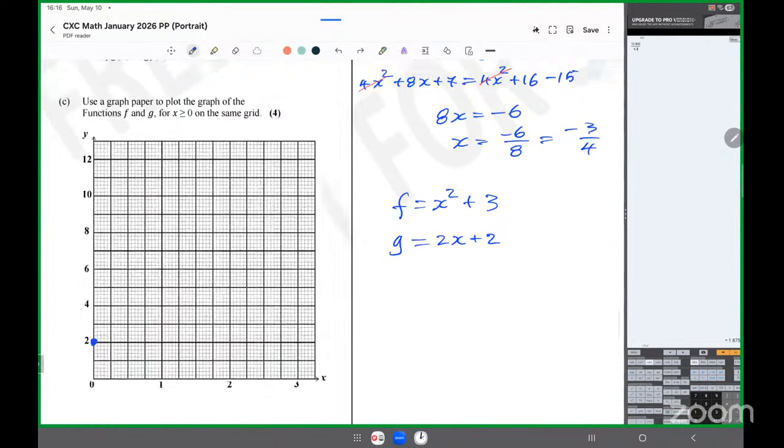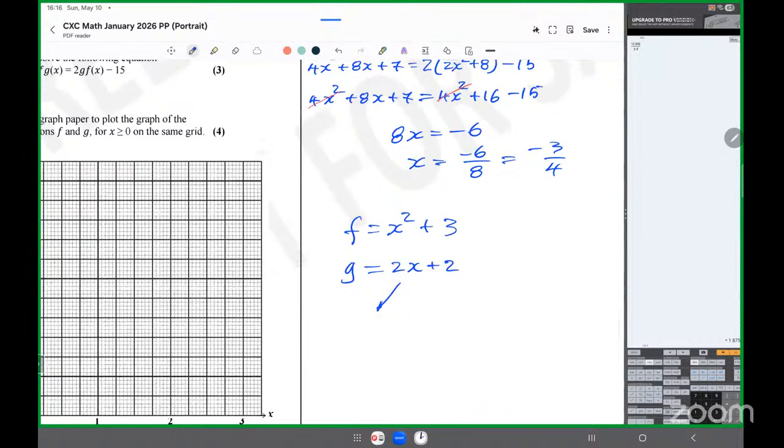For this line, the gradient is 2, and that gradient of 2 is the same as 2 over 1, which means rise 2, run 1.